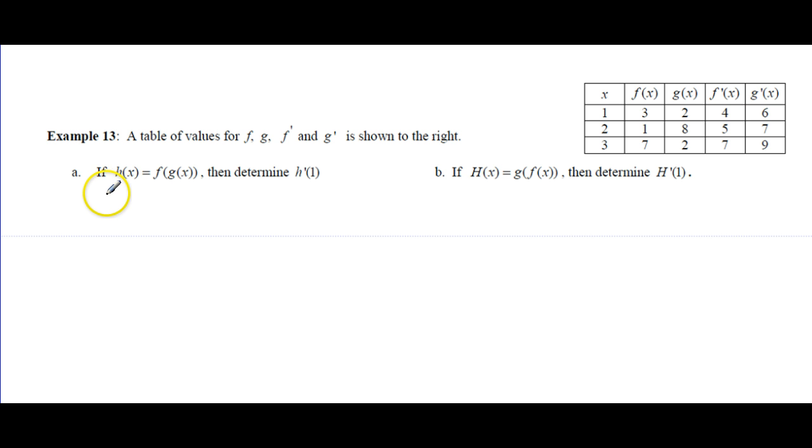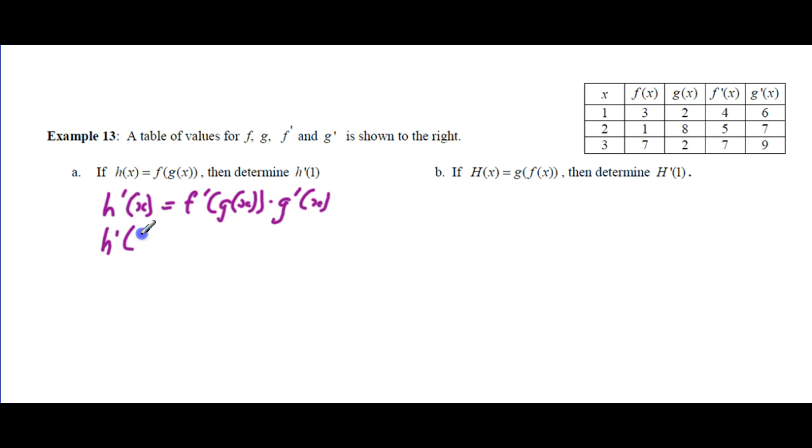All right, so example 13. If h of x is equal to f of g of x, determine h prime of 1. So h prime of x, by the chain rule, is f prime of g of x times g prime of x.